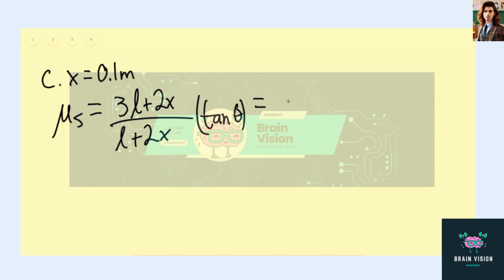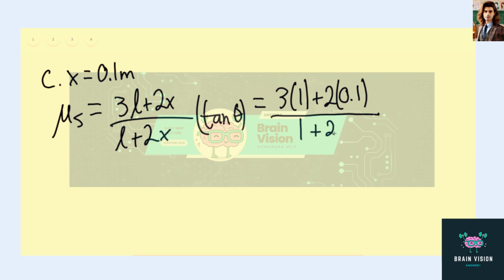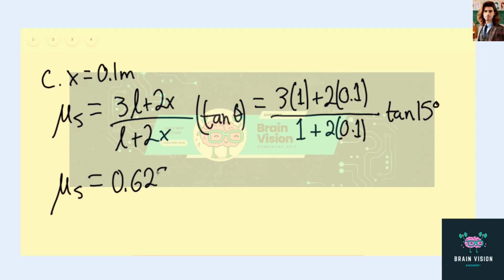And so this is going to be equal to 3 times 1 plus 2 times 0.1, divided by 1 plus 2 times 0.1, and again, times tangent of 15 degrees. We find that the new coefficient of static friction is 0.625. So this would be your answer for part C.